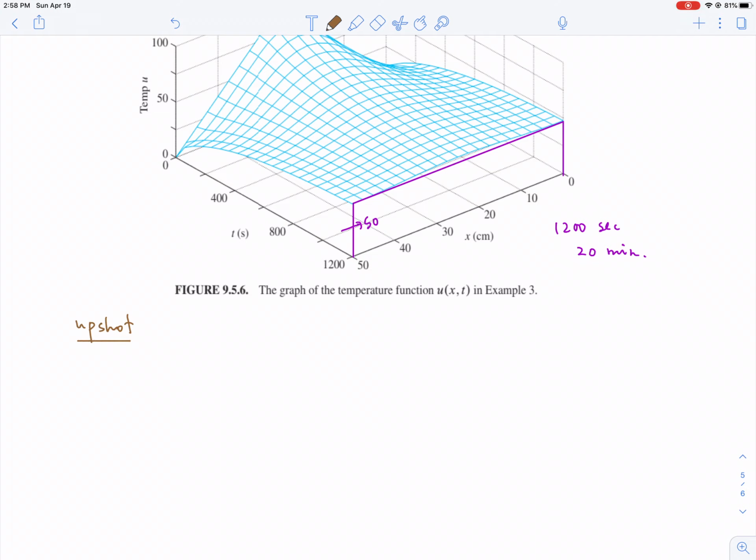So we can solve initial boundary value problems for the heat equation, homogeneous heat equation, u_t equals k u_xx for x between 0 and L and t positive, with an initial temperature distribution given by a function f of x.